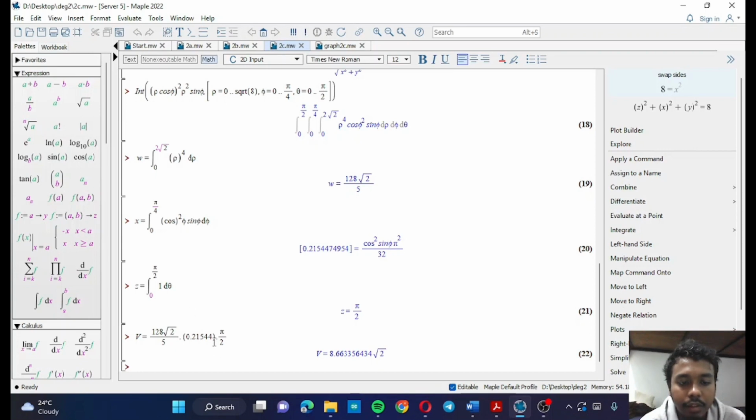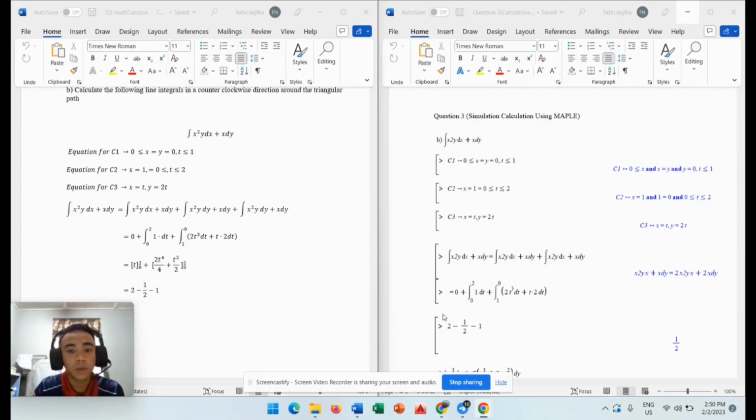This is the answer for w, x, and z, and I get like this. In my Maple, the answer cannot be just like my manual calculation, and if the manual calculation is typed in the calculator, it will get just like this, which is the last answer, 12 point something, 12.212.